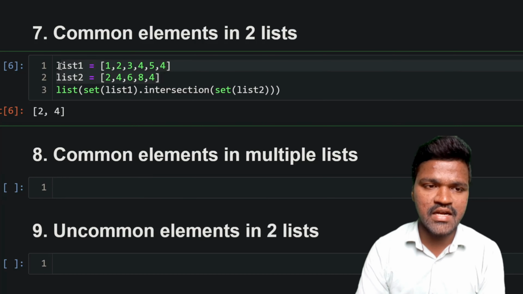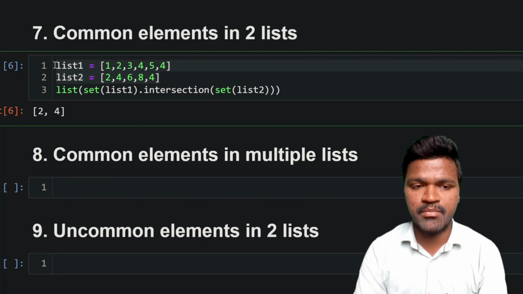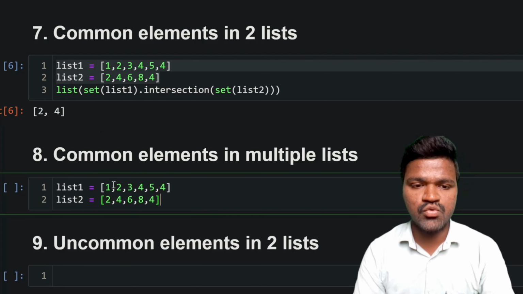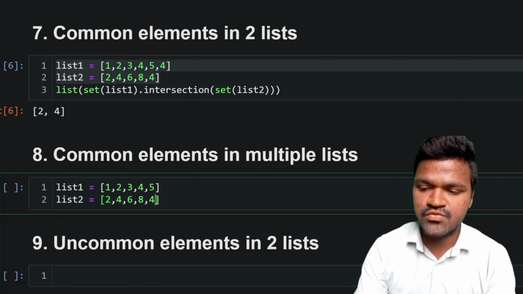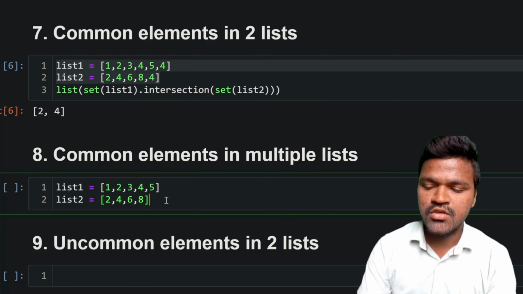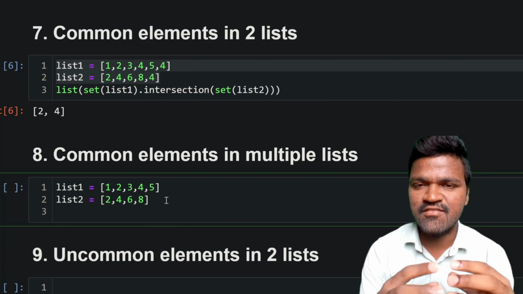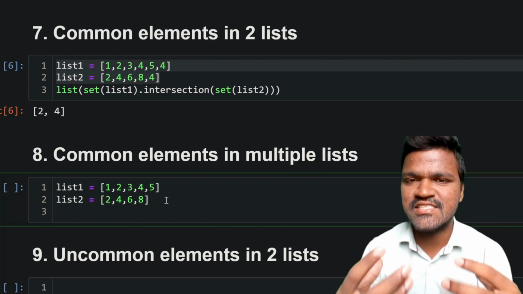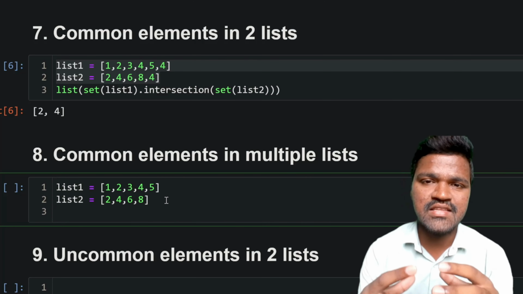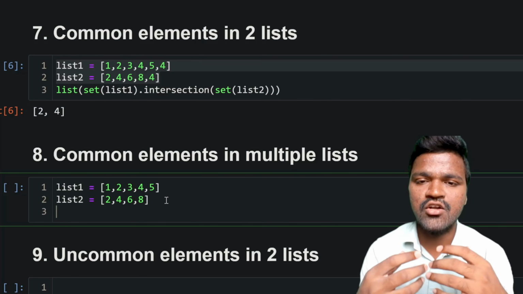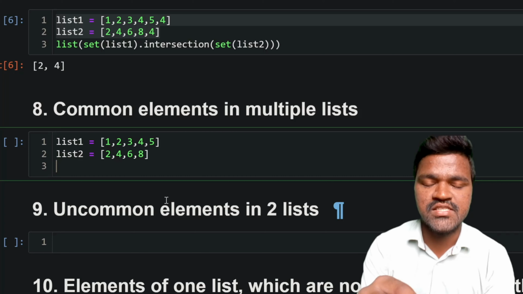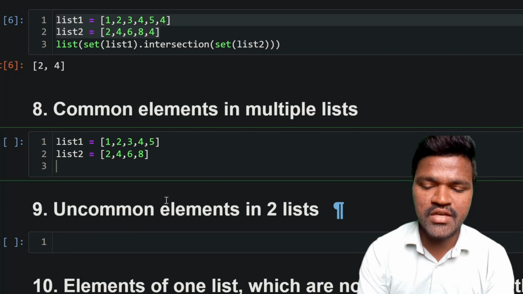To save some time, I will take this list 1 and list 2 here itself. Now I will remove this 4, which is a duplicate value. We can use this same intersection method to find the common elements in multiple lists. In order to understand that, I will take one more list here, because we only have two lists, right?